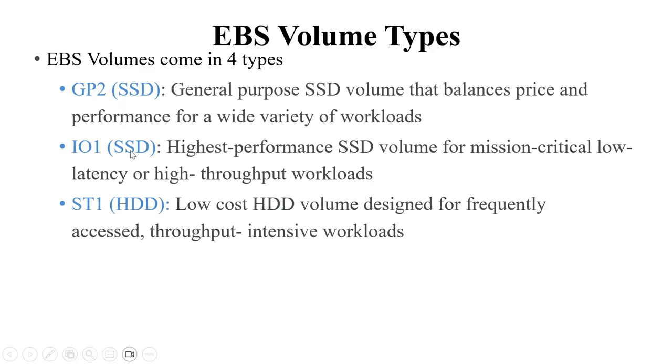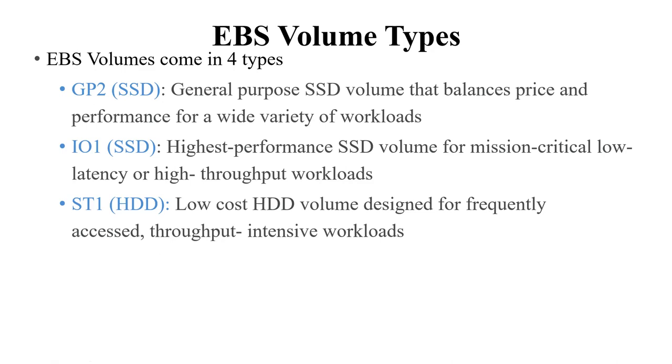Both of those are SSD based, but the next one is HDD based. HDD has much lower performance compared with SSD, but these are low cost HDD volumes designed for frequently accessed, throughput intensive workloads.